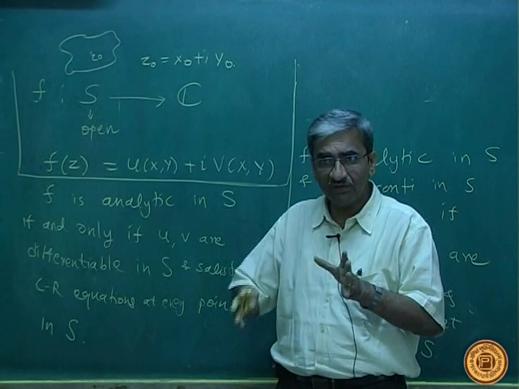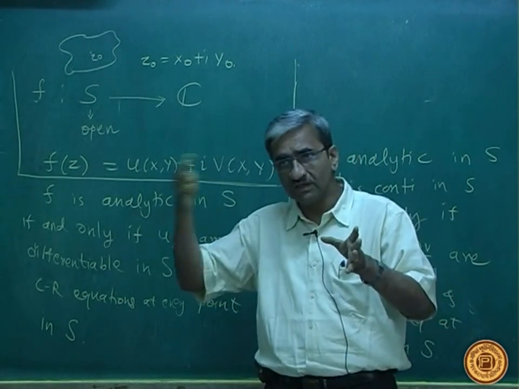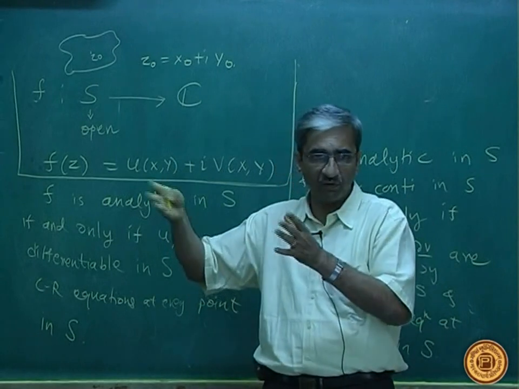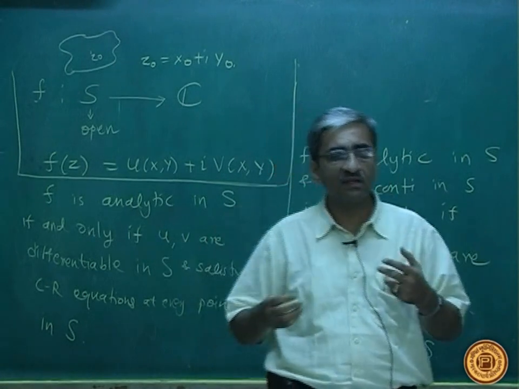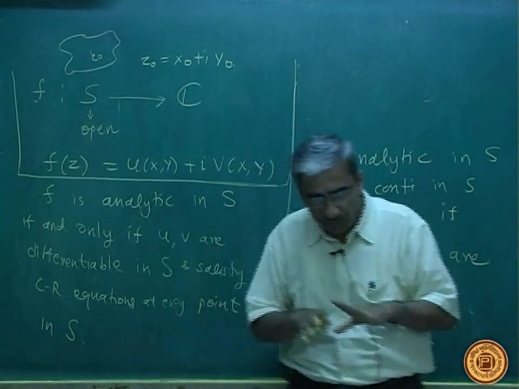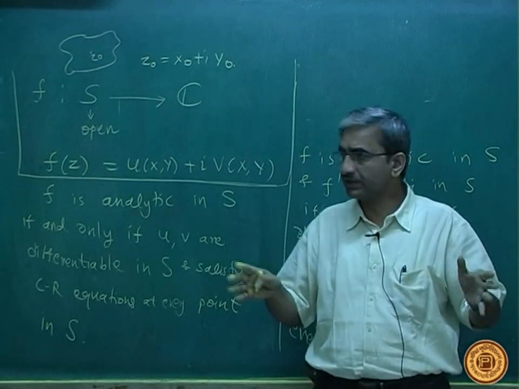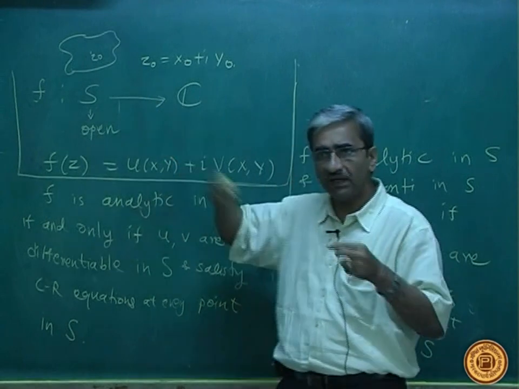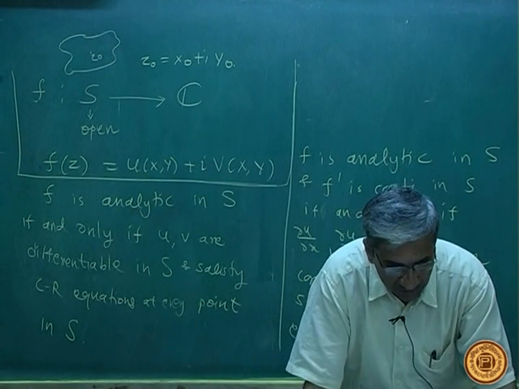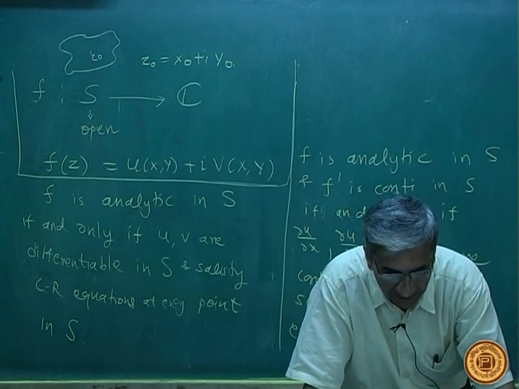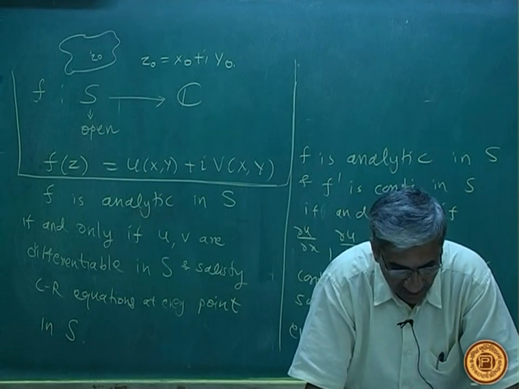For composition you need the domains adjusted so that the range of f is contained in the domain of g and so on, but wherever the composition is defined, it is differentiable, because whatever we have proved for differentiability at a point is valid for analytic functions, because that is nothing but differentiability applied at every point. So the sum, product, linear combination, composition of functions analytic in a domain are analytic. F by g is analytic if f and g are analytic and g is non-zero.